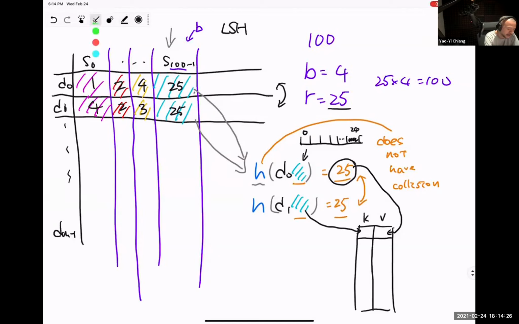If you just look at here, I made up these numbers, but what does this tell you then? If you're using all the same hash function, let's just call this hash function h.